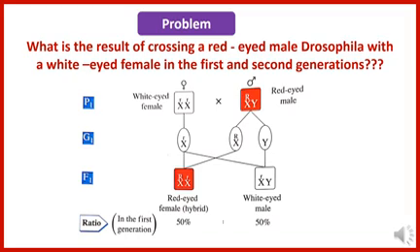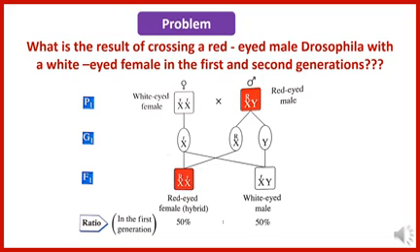Here all the gametes of the female will carry r small, and for the male, we will have two kinds of gametes: X that carries R capital and gametes with the Y chromosome. Here we will have the results. If the result is a female, XX, it will carry R capital, r small, with red eye but hybrid.